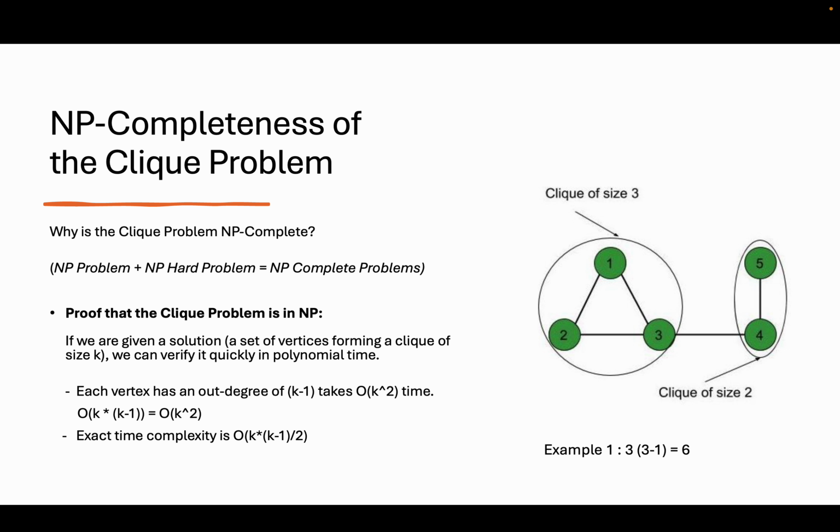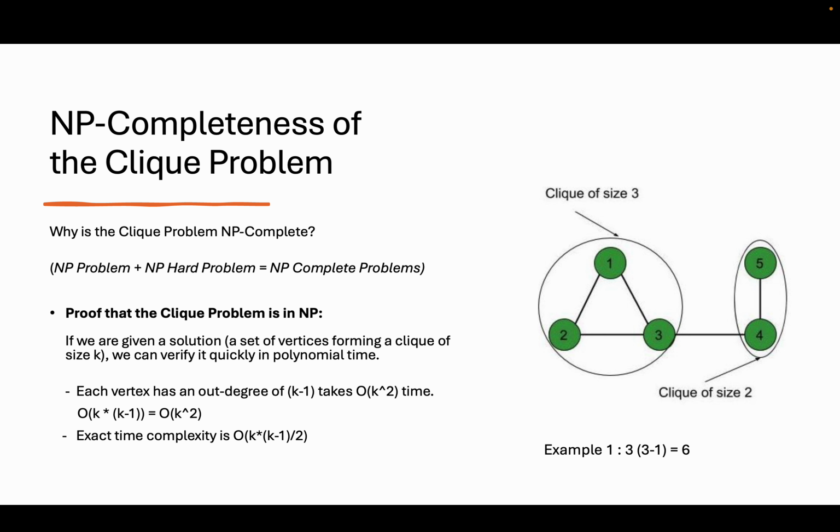So for every node we have to check k minus 1 times. So for all the k nodes, the total time taken would be k into (k minus 1) by 2. Why are we dividing by 2?